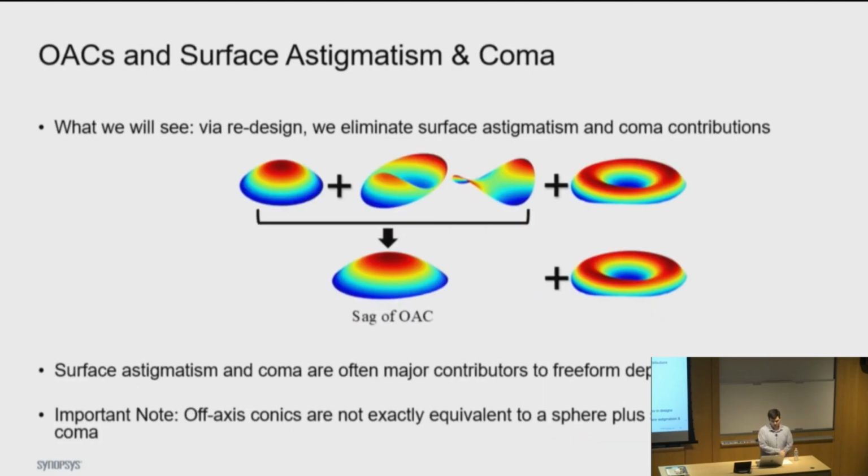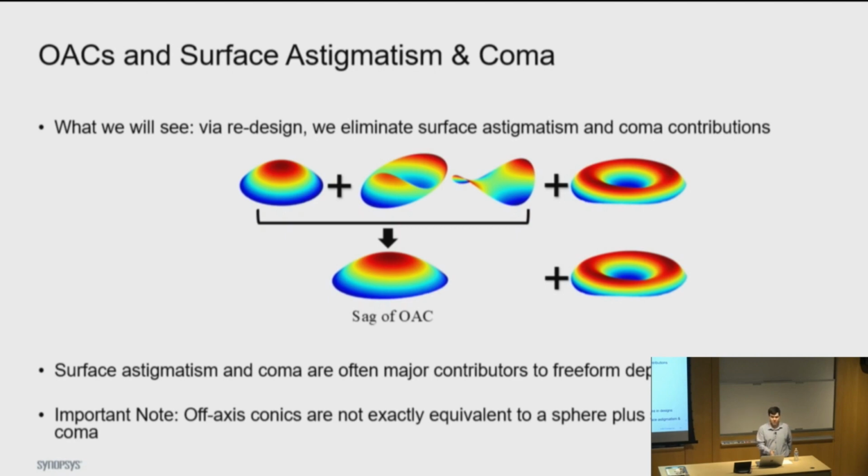So what are we going to do? We are going to redesign our systems with off-axis conics, and in so doing, we're going to eliminate the need for surface astigmatism and surface coma contributions. Instead, we are going to use the off-axis conic parameters in order to satisfy the aberration correction needs of these surface terms.